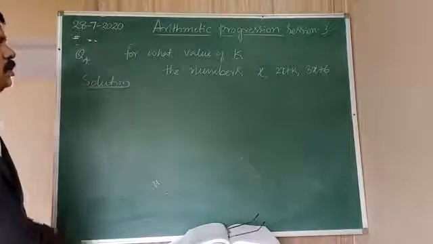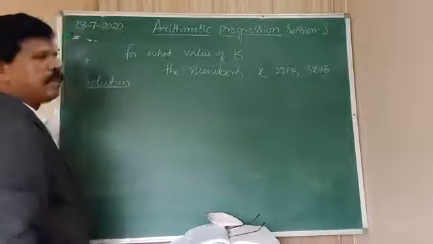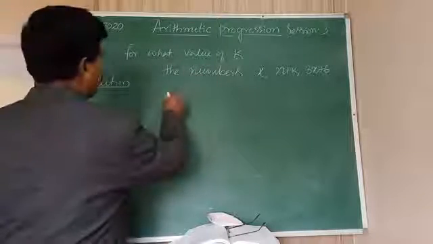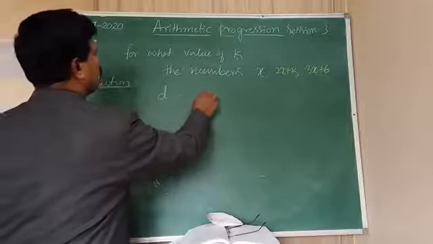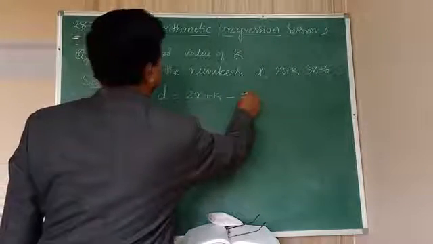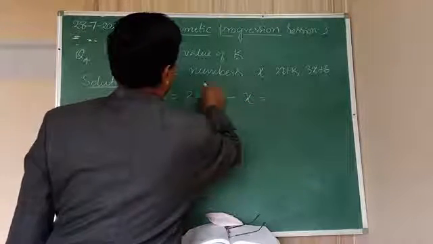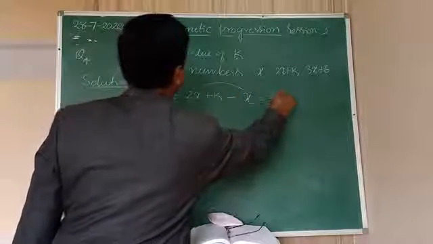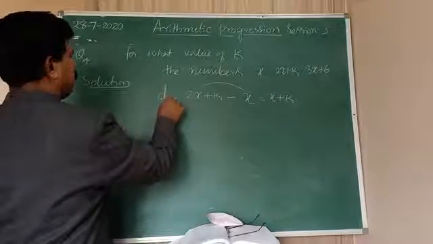So this is similar to our previous problem, finding the value of P. So first, D1 is equal to 2x plus k minus x, that is equal to 2x minus 1x, which is x plus k. Now this is D1.